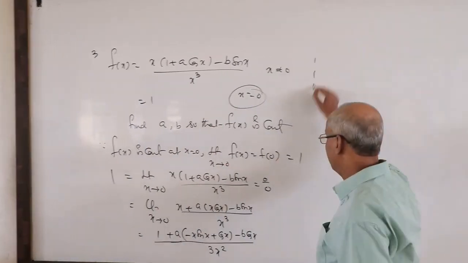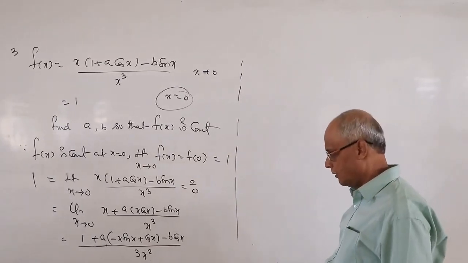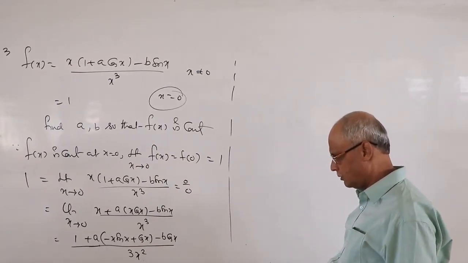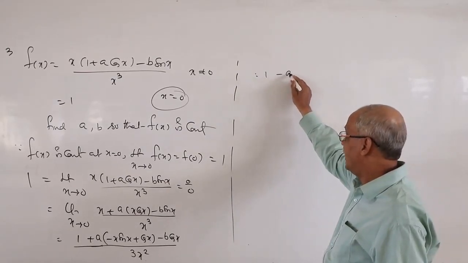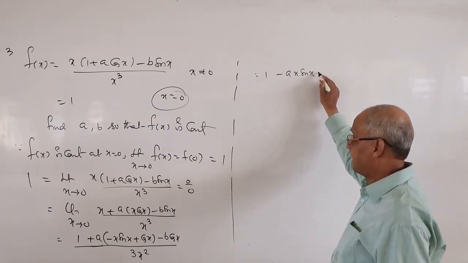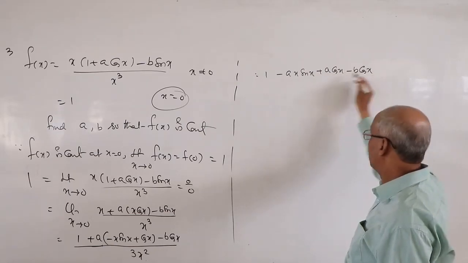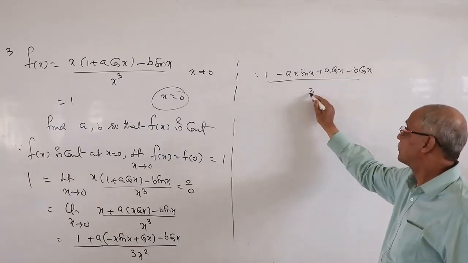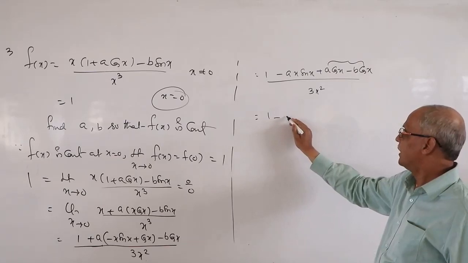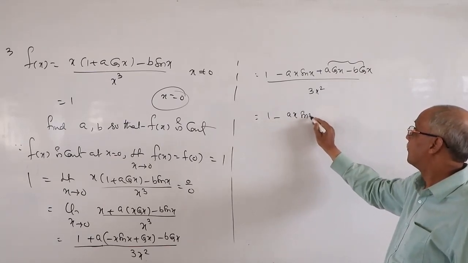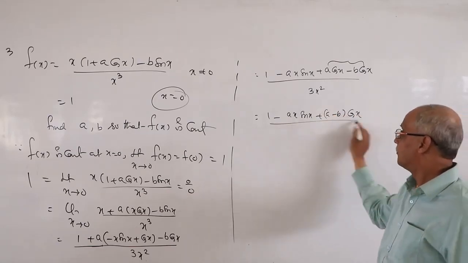Here, if you rearrange, what is the rearrangement I will tell you: 1 minus ax sin x plus a cos x minus b cos x by 3x square. Here it is common: 1 minus a minus b into cos x by 3x square.